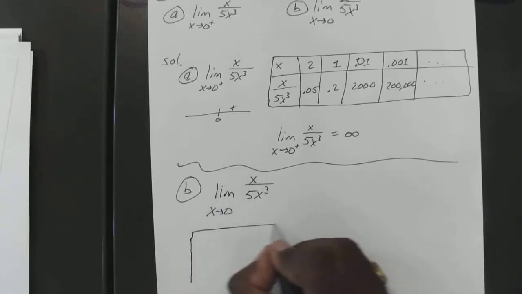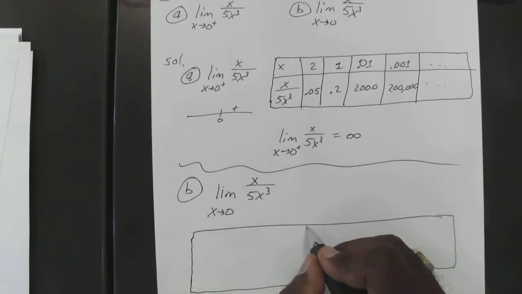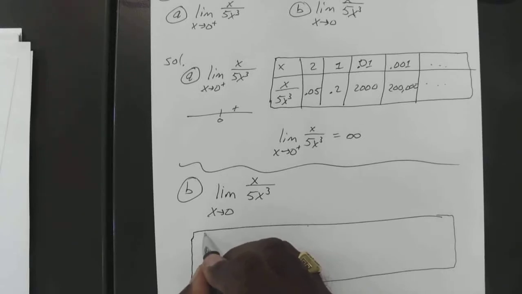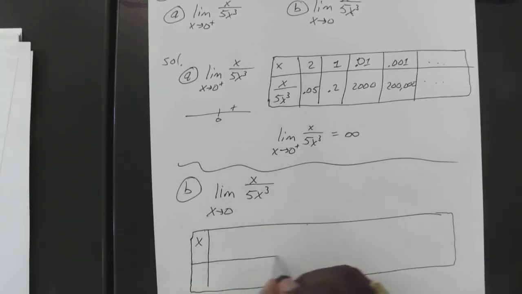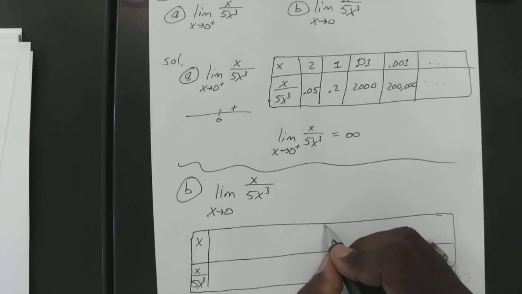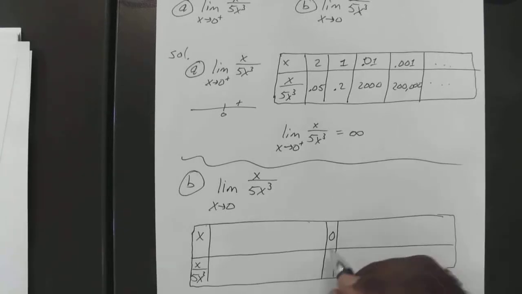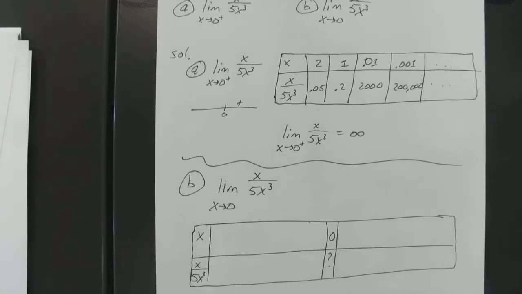Okay, so I give it a little extra room. Okay, so let's say this is our x. This is our x over 5x to the third. Okay, so we know it can't equal 0, so we'll just leave that blank.